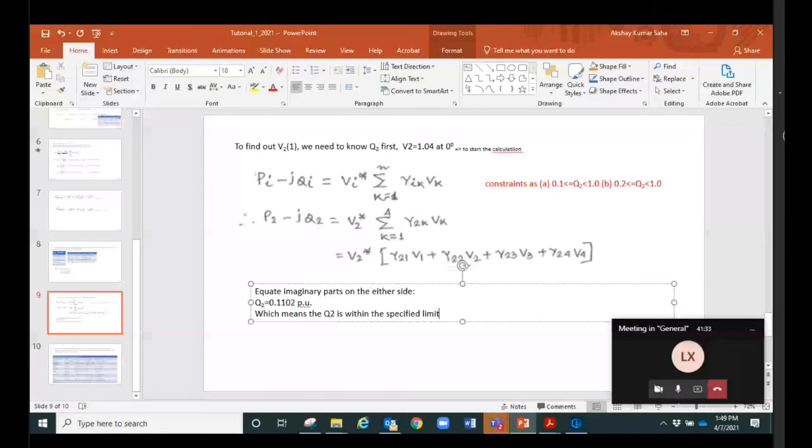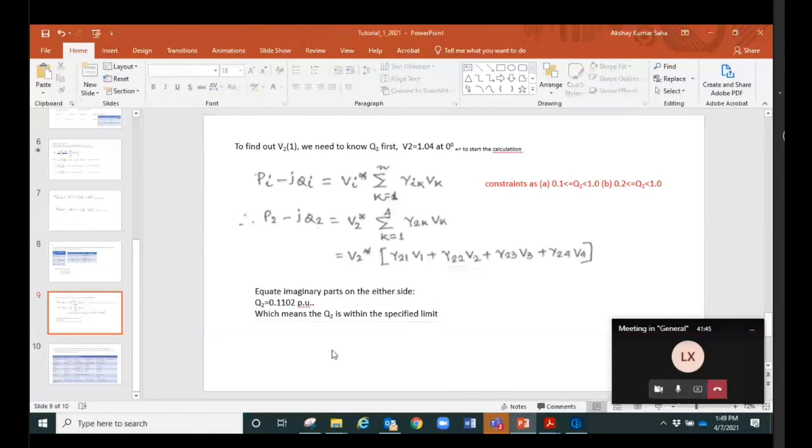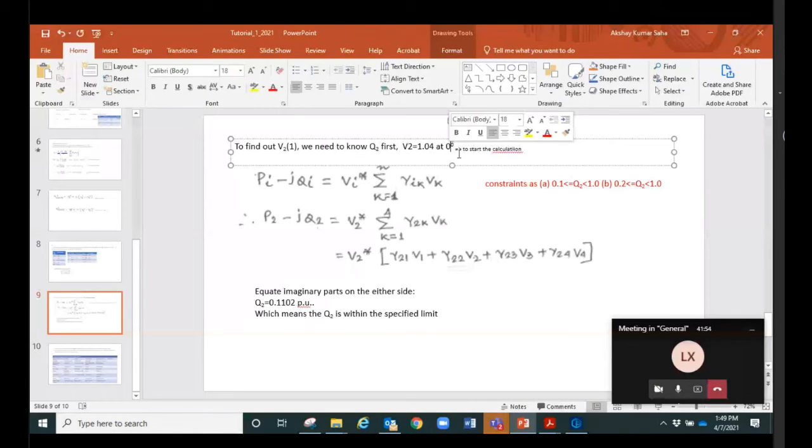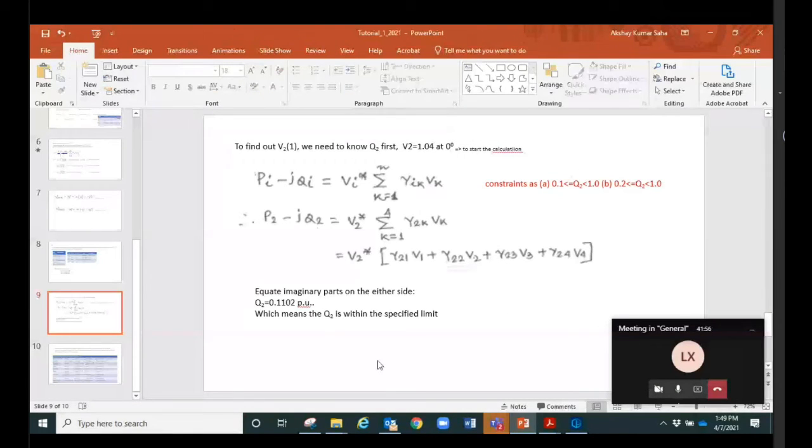So we have the Q2 value now, and we can go for the calculation of V2^(1), but the angle delta is still 0 degrees because we still don't know the angle delta for bus 2, meaning for V2. So we'll start with 0 degrees. So we can calculate V2^(1) using the same formula we used here.